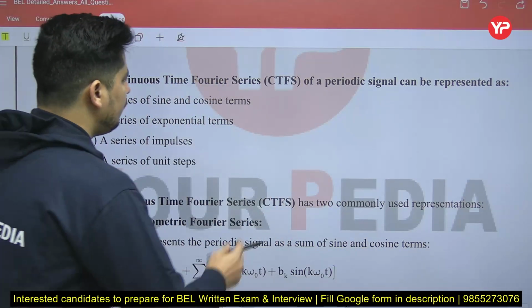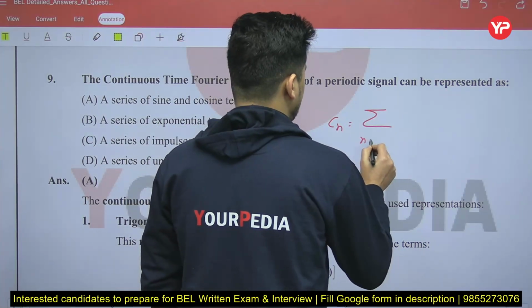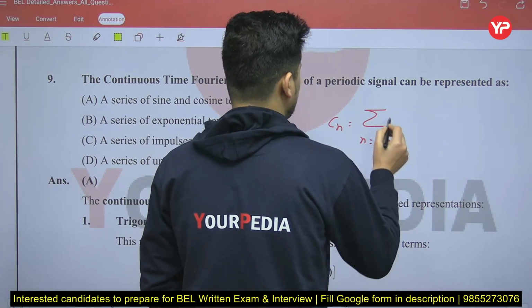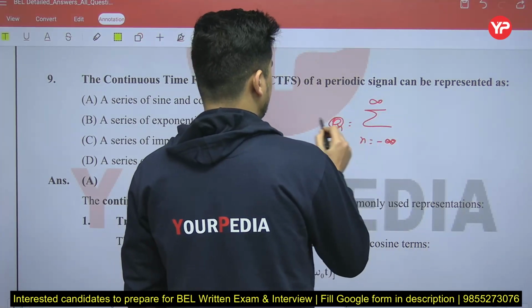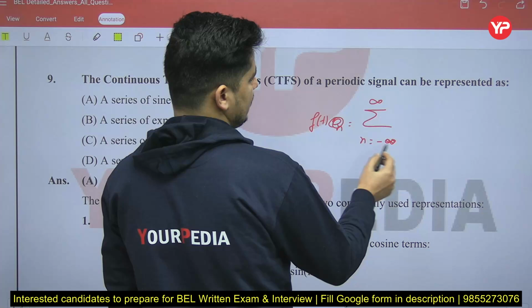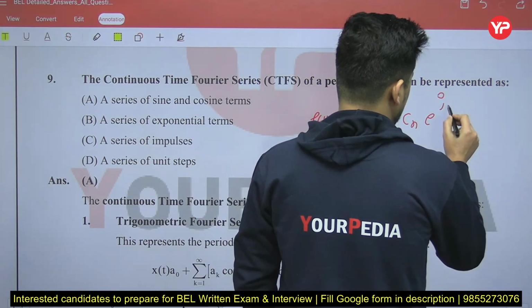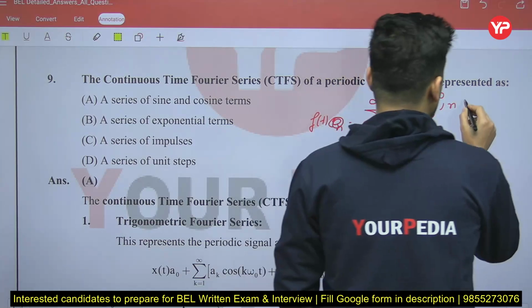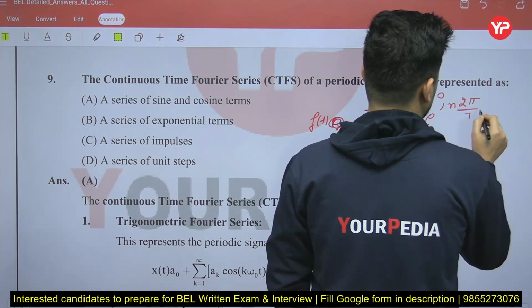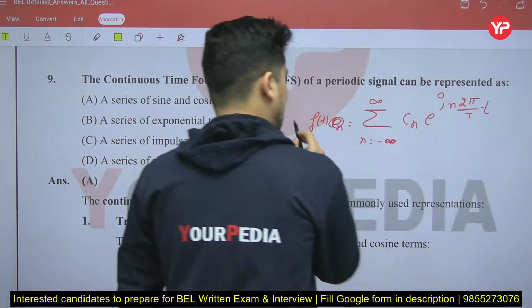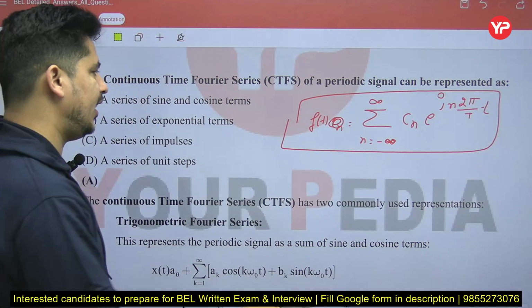In exponential Fourier series, the signal f of t is equal to the summation, n equals minus infinity to infinity, of Cn e raised to the power j n 2 pi by T into t. So basically f of t can be represented as exponential terms.